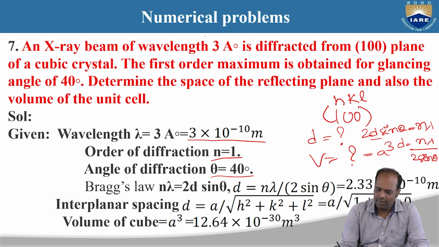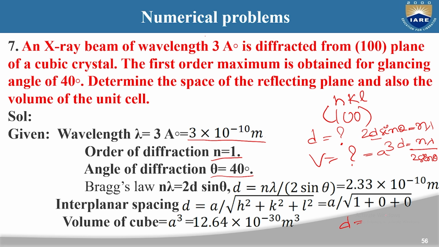For the interplanar spacing, d = a / √(h² + k² + l²). The h, k, l planes given are 1, 0, 0, so we substitute 1² + 0² + 0². Here a is unknown, but we know d. So a = d √(h² + k² + l²).